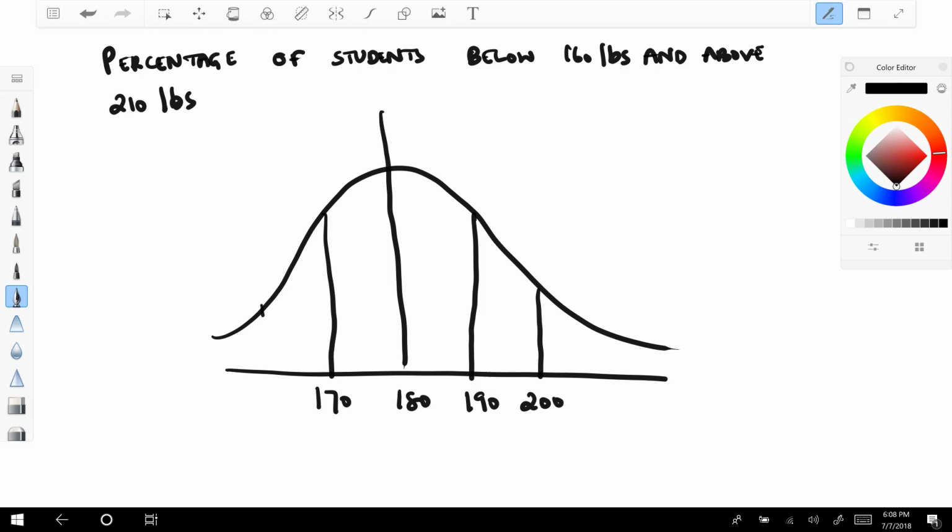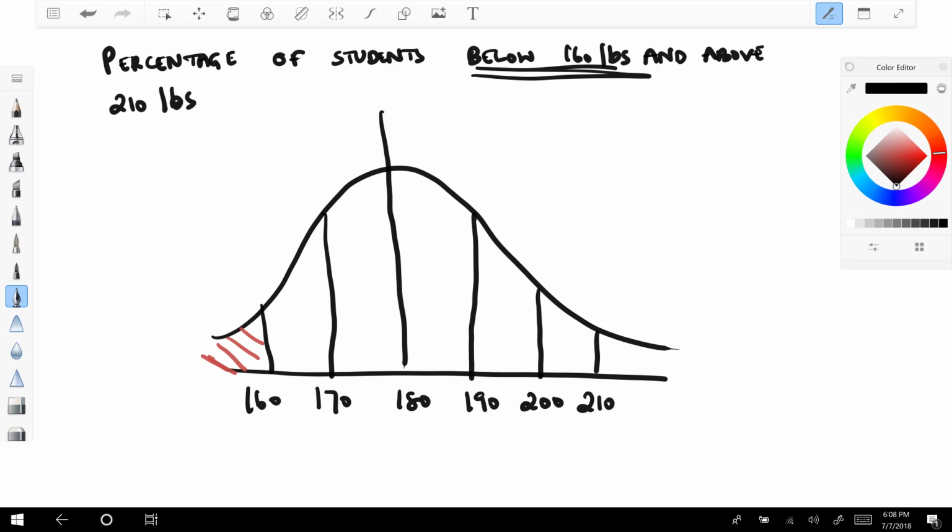On the negative side, two standard deviations would be 160. So we wanted below 160, so we are looking for this area on the left side, and then we have above 210, so we have to look for three standard deviations, 210.